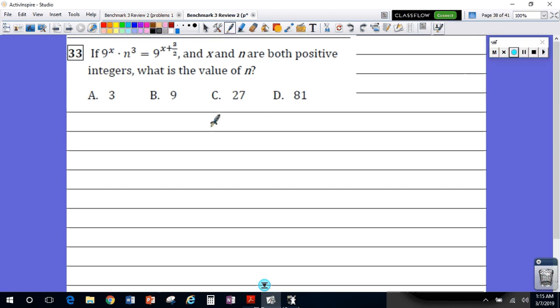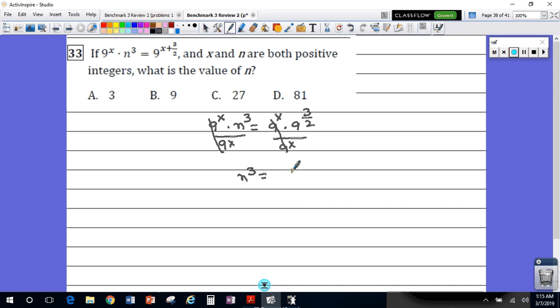Right. Problem number 33 is 9 to the power x times n cube equals 9 to the power 3 over 2 plus x. So you are adding the exponents, right? So I can write that one as 9 to the power x times 9 to the exponent 3 over 2. So we can divide by 9 to the power x on both sides. Then this will be crossed out.